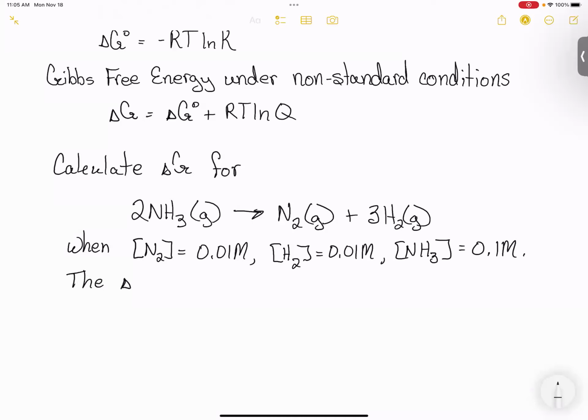The enthalpy of reaction under standard conditions for this reaction is 92.4 kilojoules. And the delta S of reaction under standard conditions is equal to 198 joules per Kelvin.